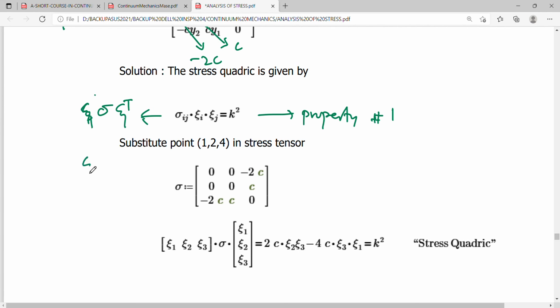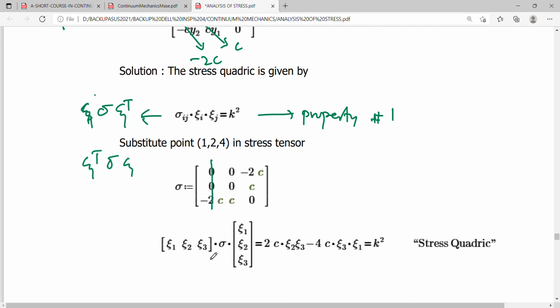Or you can do a cassis transpose sigma cassis. It doesn't matter, for as long as this is a row vector and this is a column vector, with sigma in the middle. So if I do it, I just multiply this with this first.